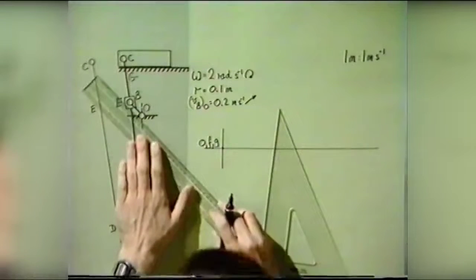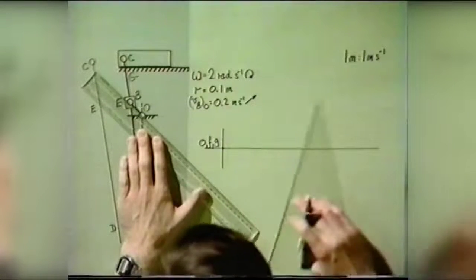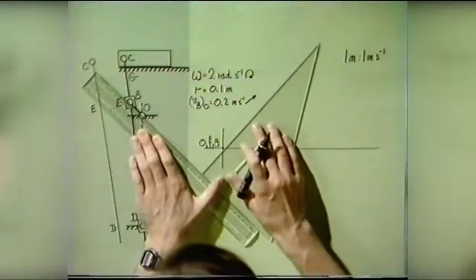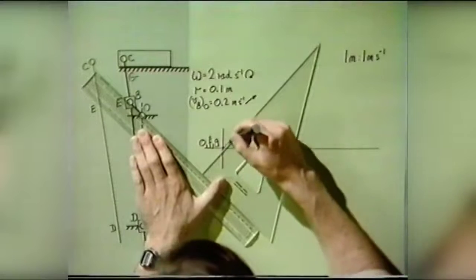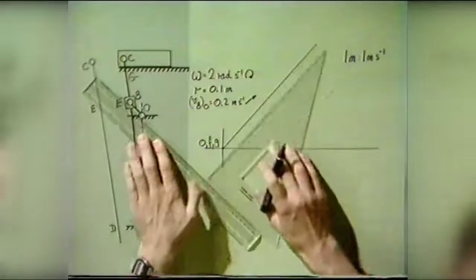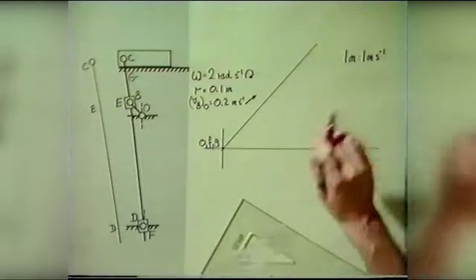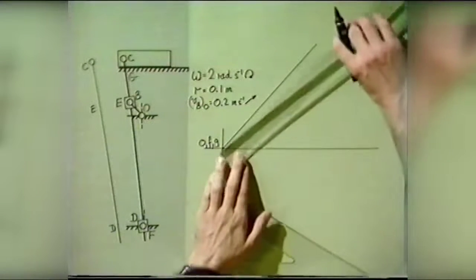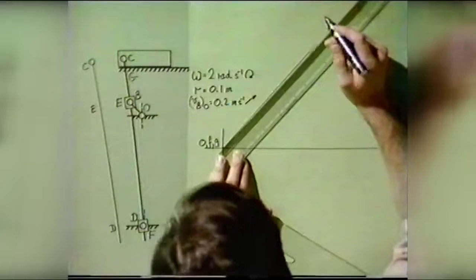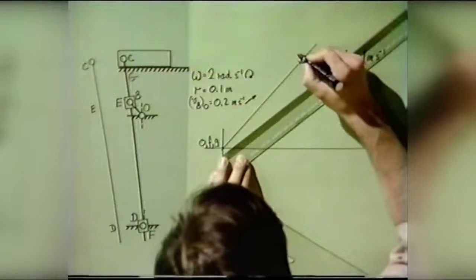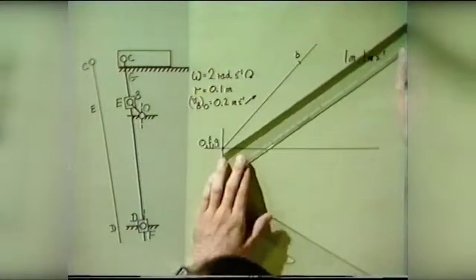And to construct that in the diagram, I'll put my ruler along OB and use my set square, and there's my line. So B's somewhere up there, and at the scale chosen for this velocity diagram, I need to mark off 0.2 meters. So that's little b up there.